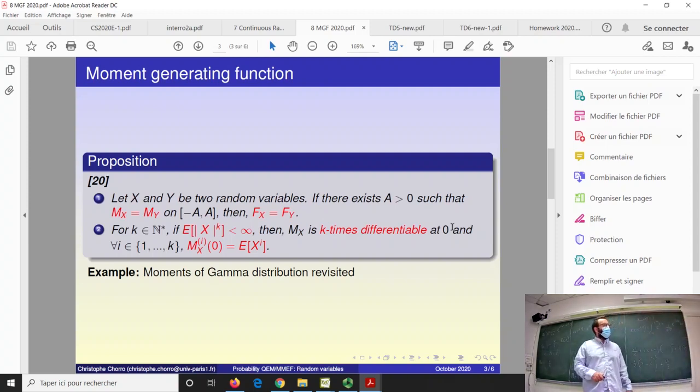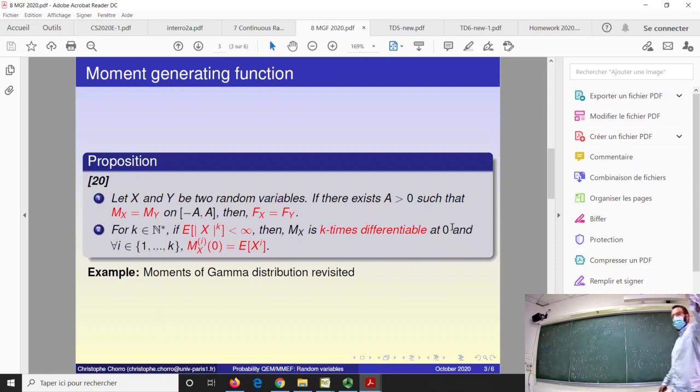Typically, the first derivative is the expectation, the second derivative at 0 is the expectation of the square, the expectation of x cubed is equal to the third derivative at 0, and so on. And to be sure that I am differentiable, I just need to impose that the moment exists, in fact. So if the expectation exists, the moment generating function is differentiable at 0, and its derivative gives me the expectation.